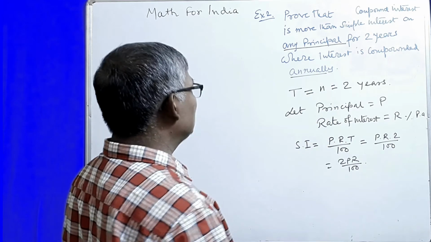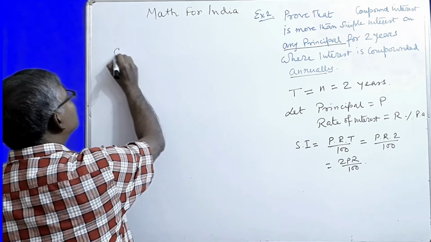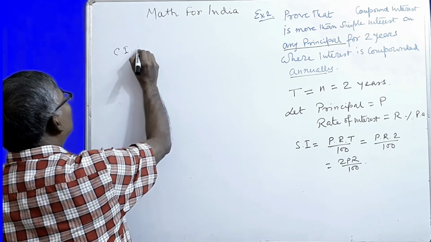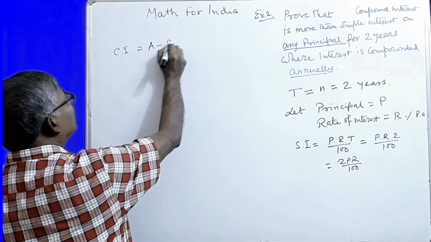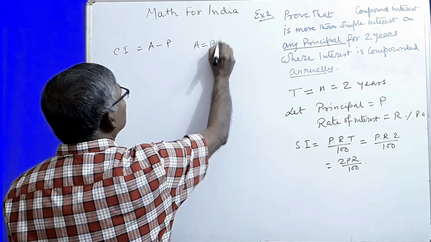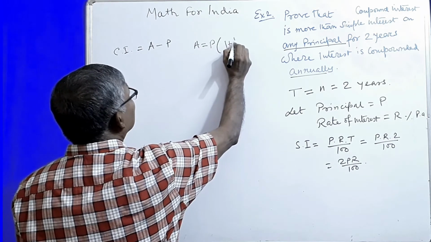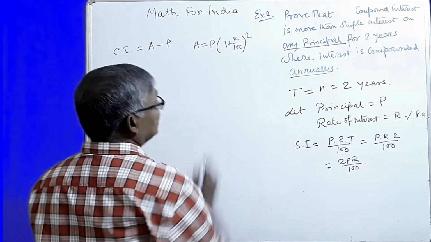Now, let us calculate what is CI. We know CI is A minus P, where A equal to P into 1 plus R by 100 whole to the power 2. Here n is 2.